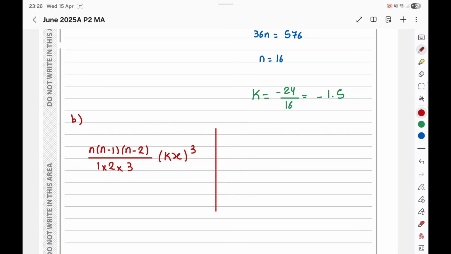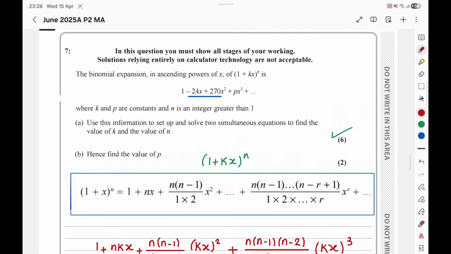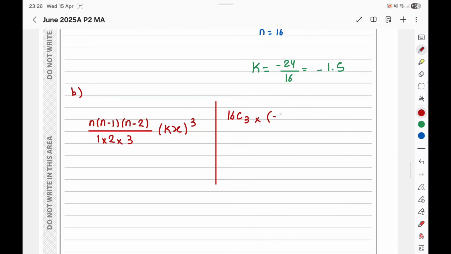You want the term of x to the power of 3, it is nC3 because it is the term of x to the power of 3. n is equal to 16, so it is 16C3 times (negative 1.5)^3 x^3 times 1.